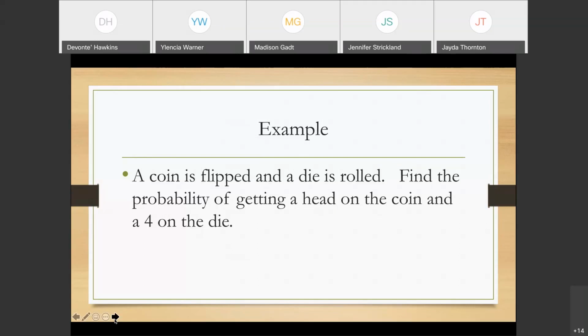All right, so this one says a coin is flipped and a die is rolled. Find the probability of getting a head on the coin and a 4 on the die.